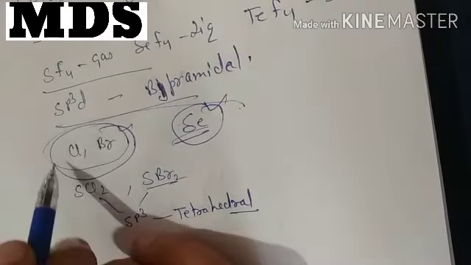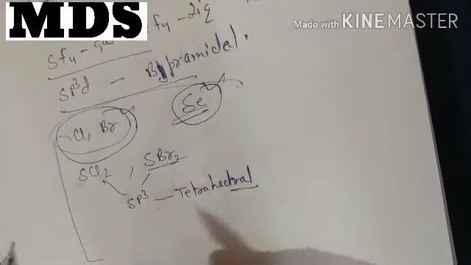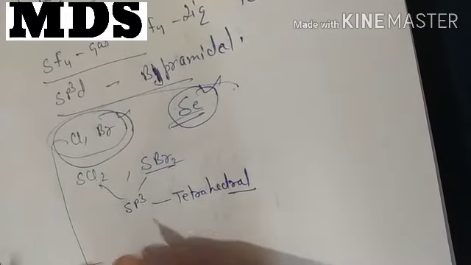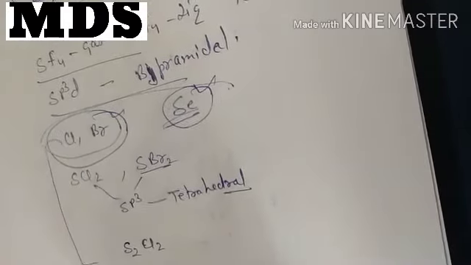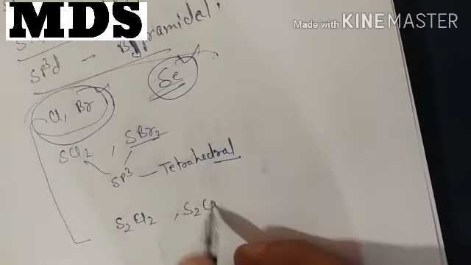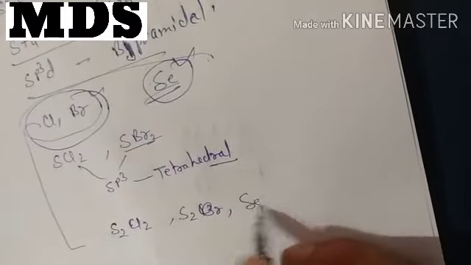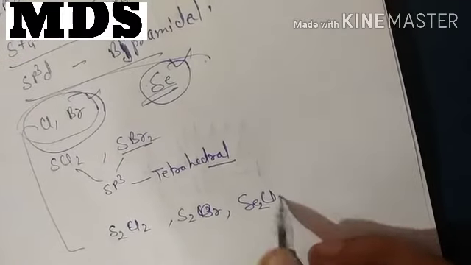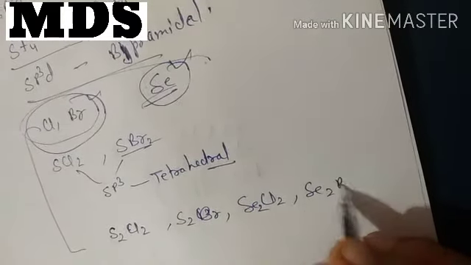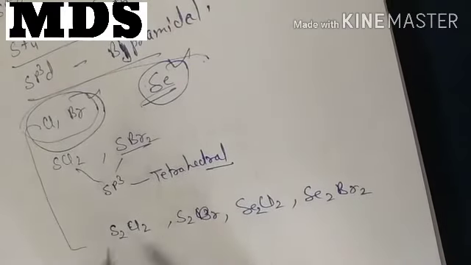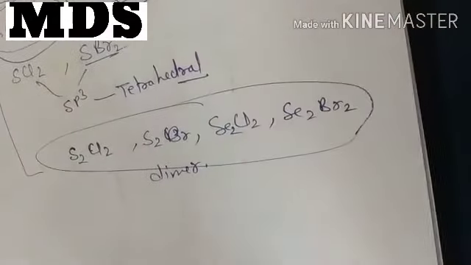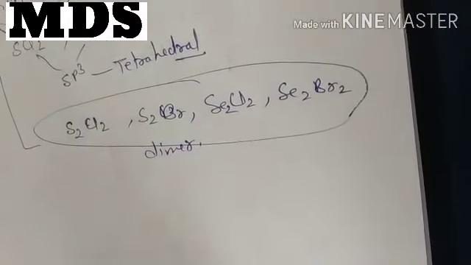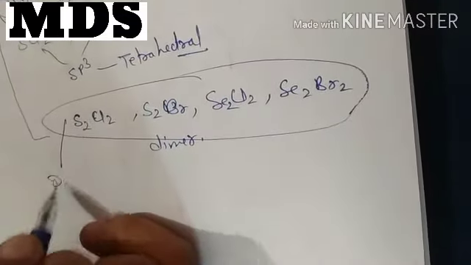Now, monohalides can also exist, but as dimers, like S2Cl2, S2Br2, Se2Cl2, Se2Br2. These form dimers because in single form monohalides are not possible, and they can also show disproportionation.